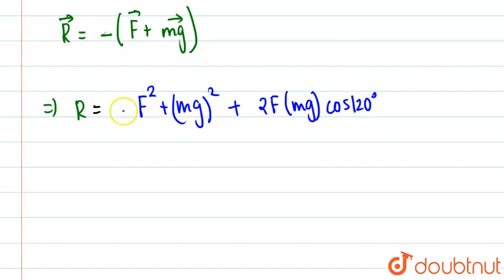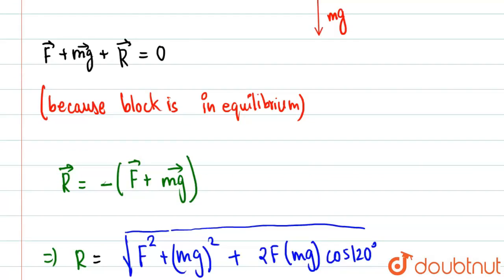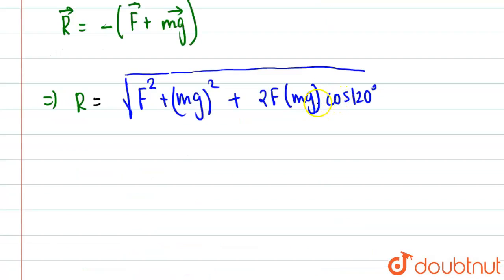So what is mg over here? mg is equal to 100, F is equal to 100, and cos 120 degrees is equal to 1 by 2.